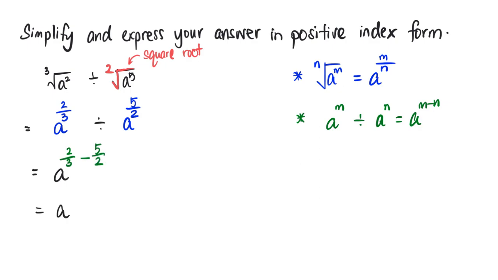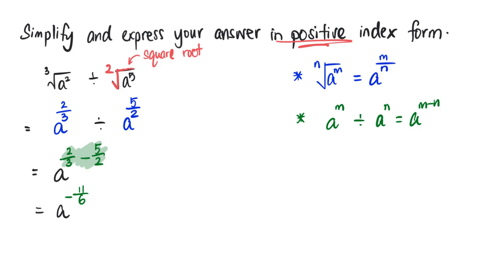So that the final answer would be, close, I will get a negative. This will give me negative 11 over 6, but the question requires positive index form.